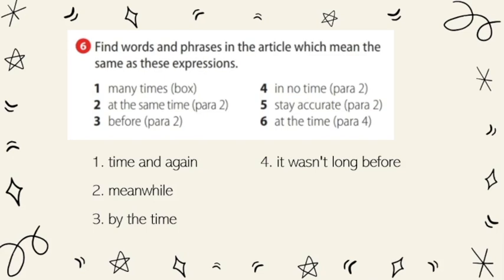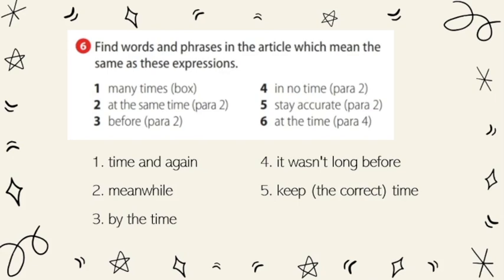Yes? Same things. 5, stay accurate. Now, stay accurate equals to keep the correct time. So, let's say keep the correct time. In this case, you could say they were keeping the time with the machines. Yeah, stay accurate in an action.